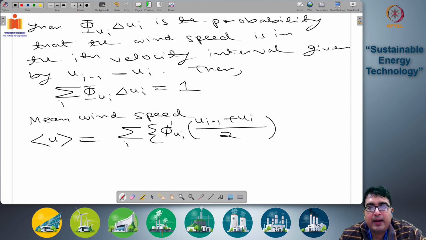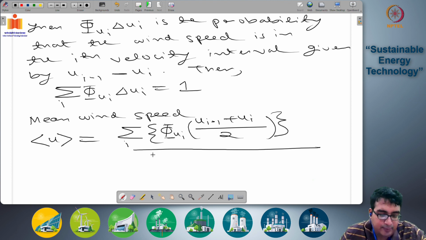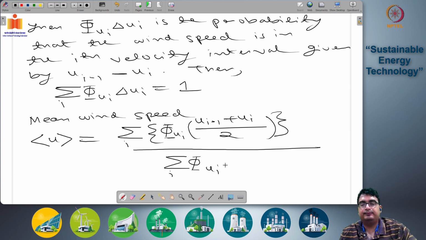We are multiplying this by phi ui, the probability distribution, and this is divided by the summation over i of phi ui.